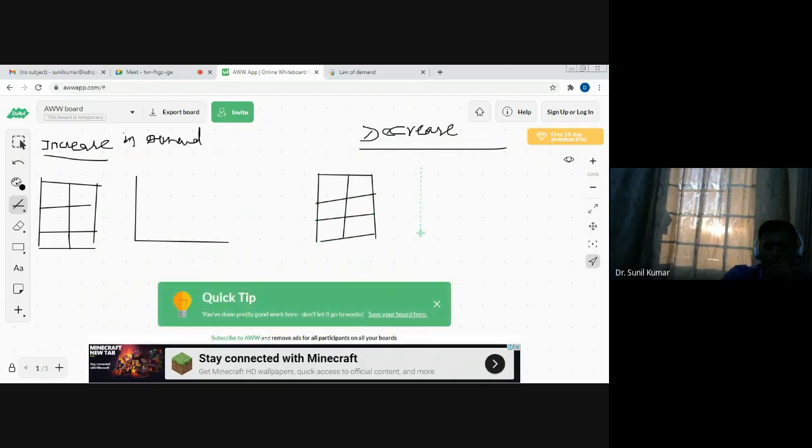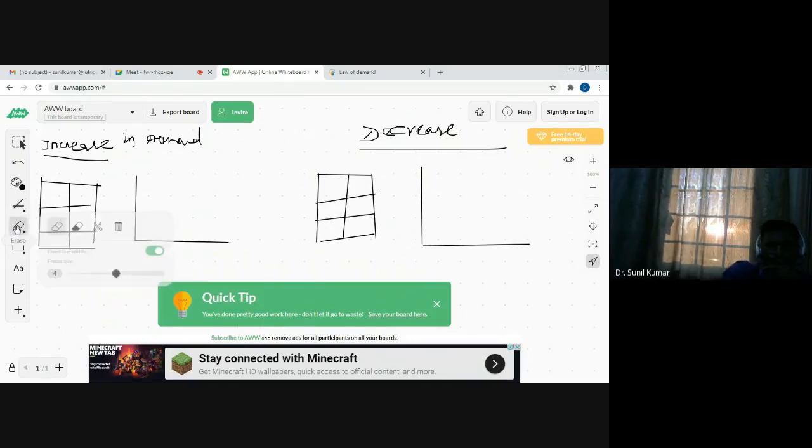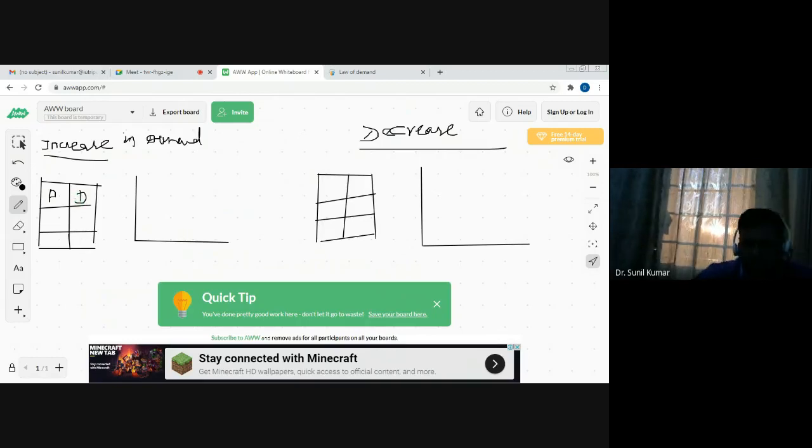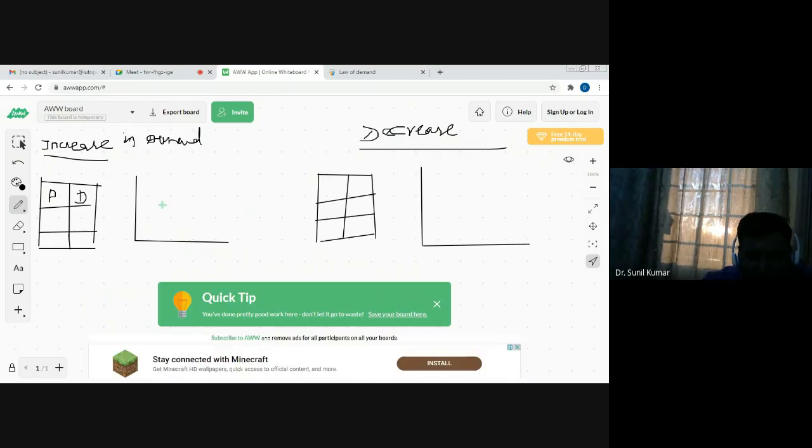Now we have to write down. This one is the price and this one is the quantity demanded. I have written D. So there is an increase in demand due to consumer income, due to the distribution of income, or due to the change in the taste and preference of the consumer.